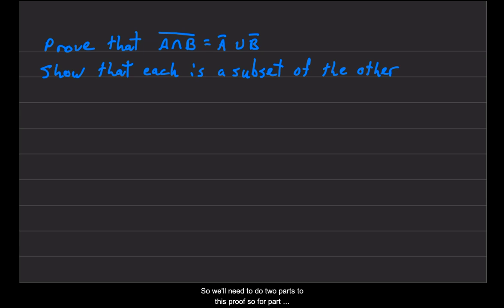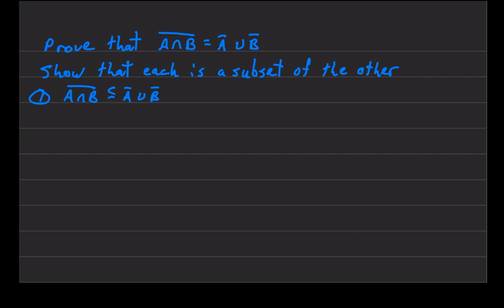So we'll need to do two parts to this proof. For part number one, we'll show that the A intersect B complement is a subset of the complement of A union the complement of B.